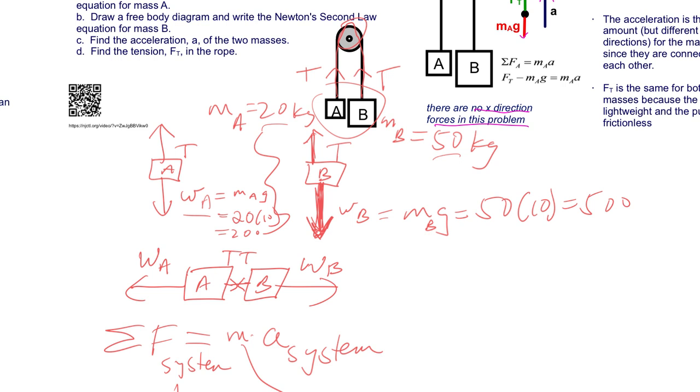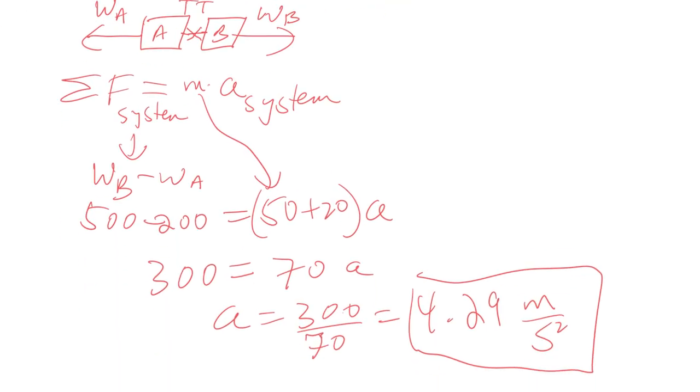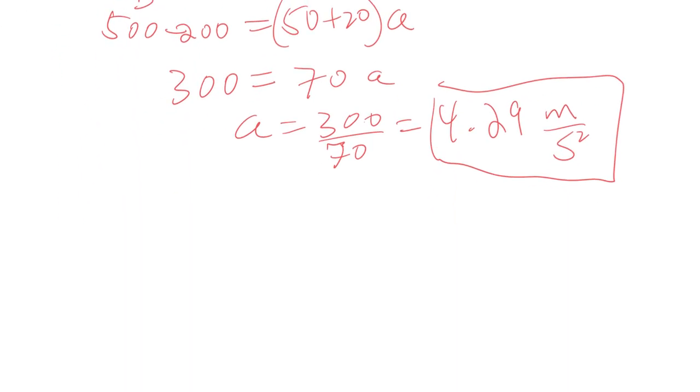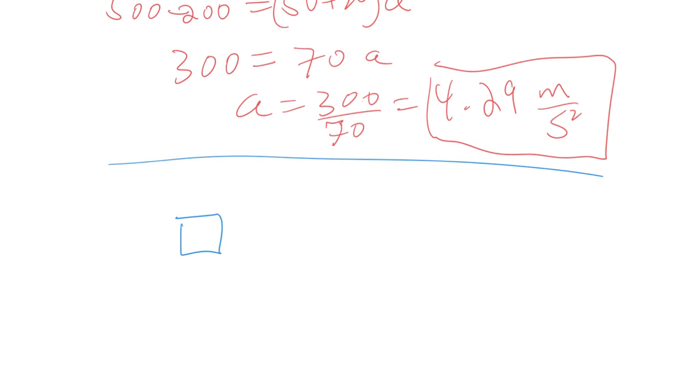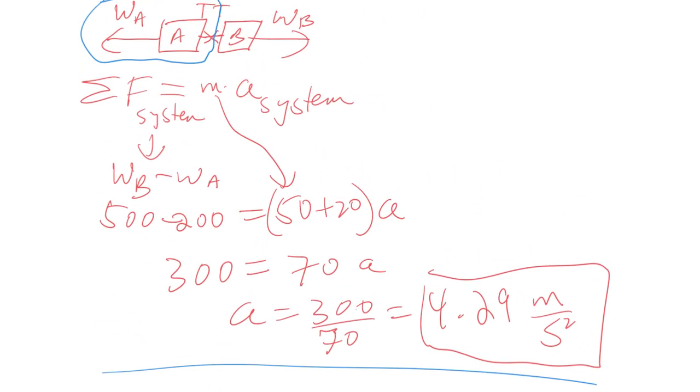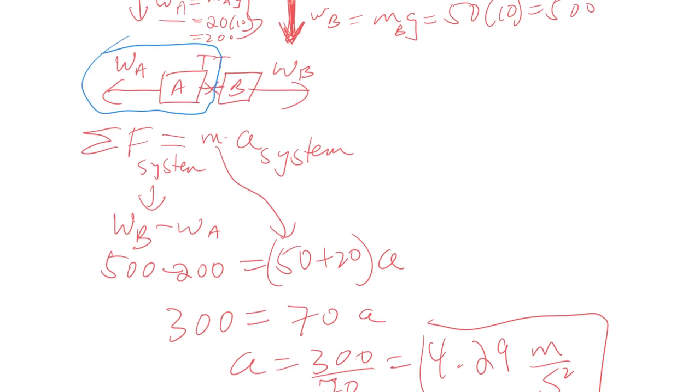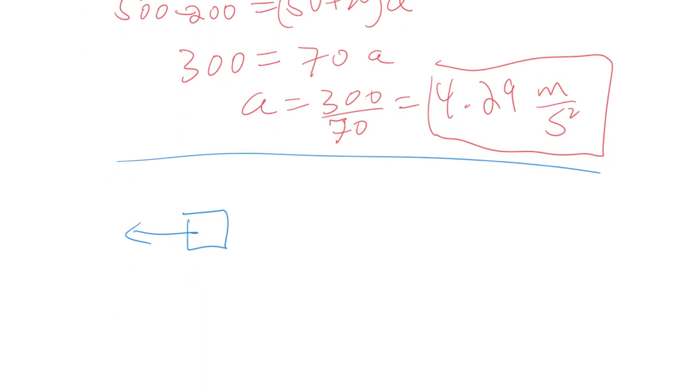Okay, finally, find the tension, either one. Either one's just as easy, I should say. So I'm going to pick one of these blocks. Either one's just as difficult, so I might as well pick this one. So here's the weight of A. The weight of A is 200.